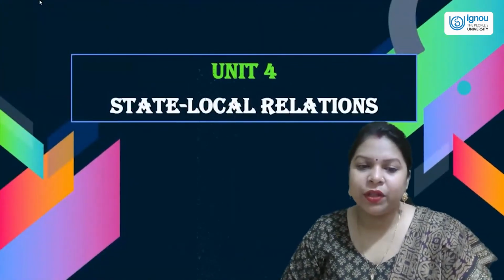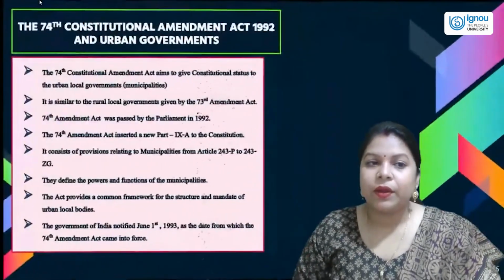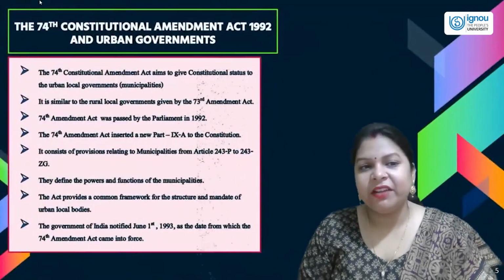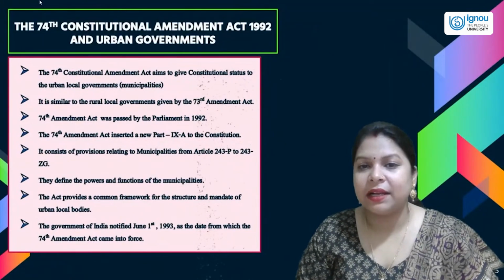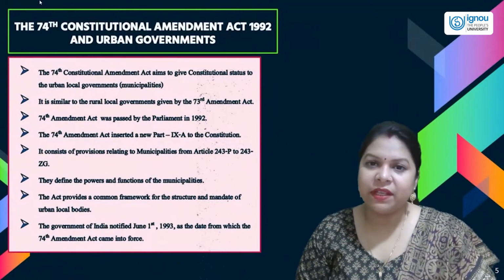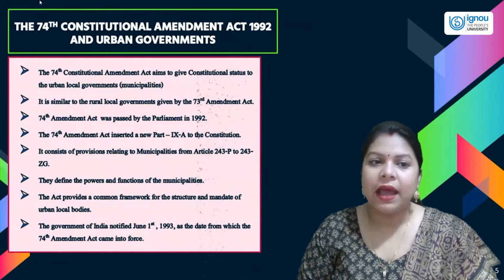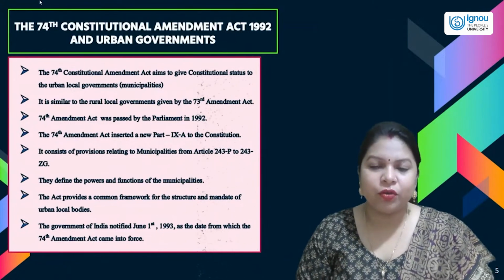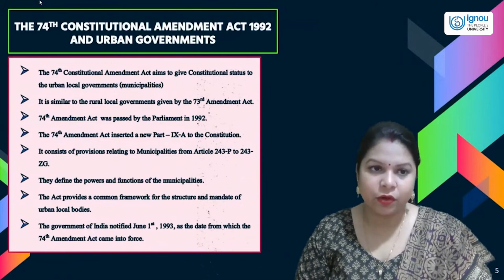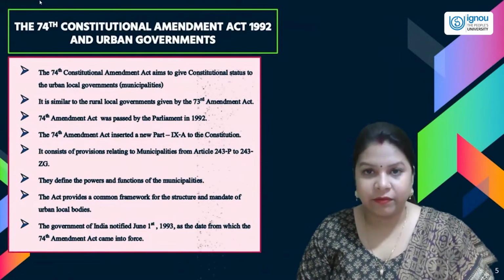So let's start with unit 4, that is state local relations. The 74th Constitutional Amendment Act, 1992. From here we will start our lecture today. In the previous session we completed till the 73rd Amendment Act, and today we are going to learn about the 74th Constitutional Amendment Act, that is 1992, and urban governments.